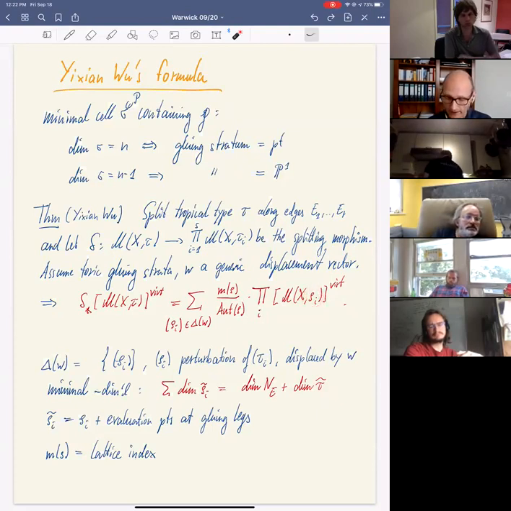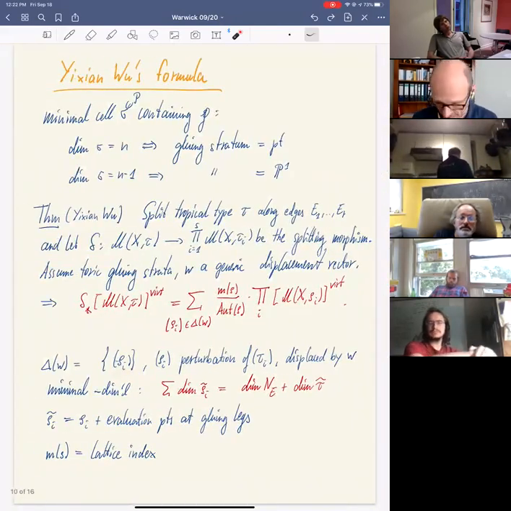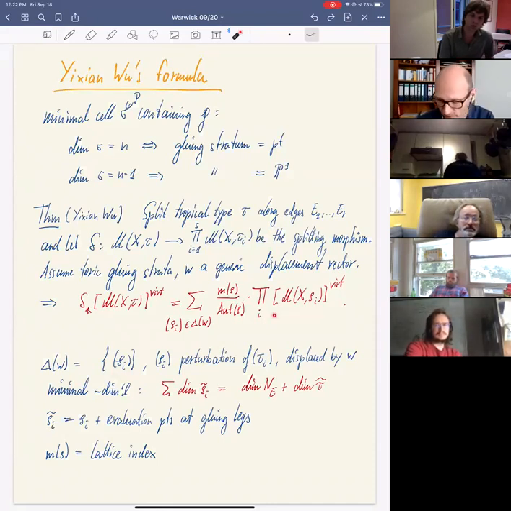Okay, and we want the collection of the rho i's to patch together to a perturbation of tau when we take into account this displacement vector. So I'll give a very simple picture in a minute. Bear with me for so long. So we get a certain collection of these types, and then we want this to be minimal. Of course there are substrata of this, and they also appear in this moduli space.